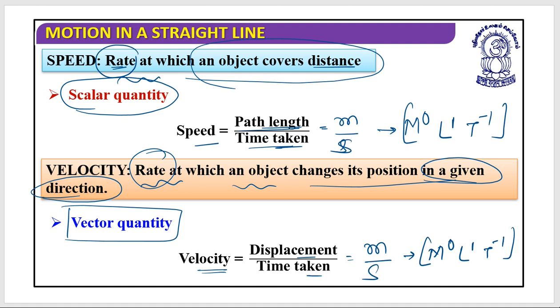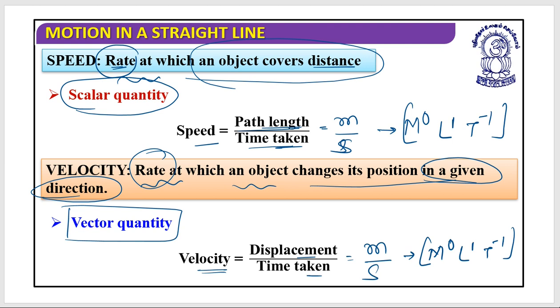Can you remember them? First, it must have a magnitude. Second, it must have a direction. And third, it must follow vector algebra.